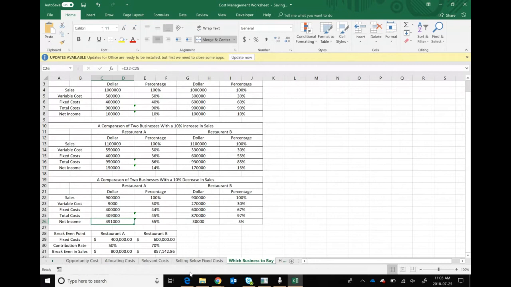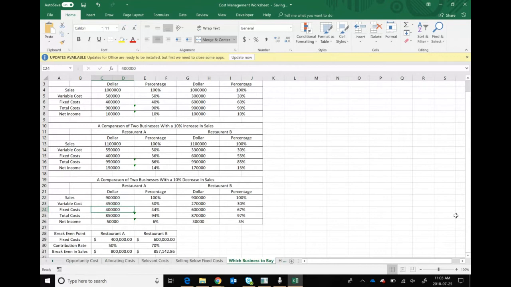Shouldn't that variable cost in restaurant A be 45,000? Hold on, did I do that wrong? I totally did. 90 times 50. There we go. So still a different number, but still higher than restaurant B.